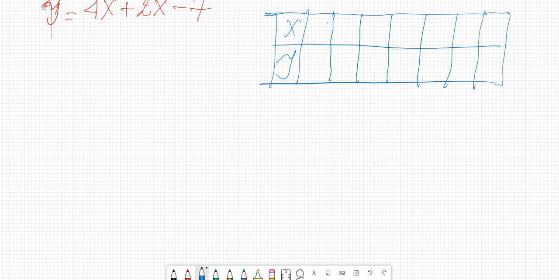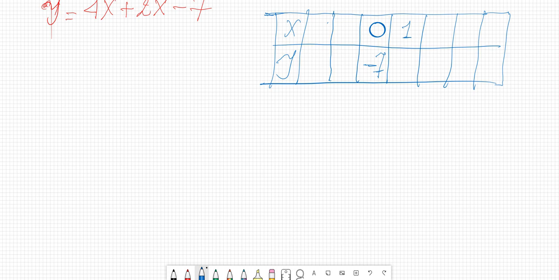So if we substitute x equals 0, 0 squared is 0, plus 2 times 0 is 0, so y will be negative 7. Let us choose when x is 1. So 4 times x squared, which is 1 squared, so it will be 4 times 1, which is 4.